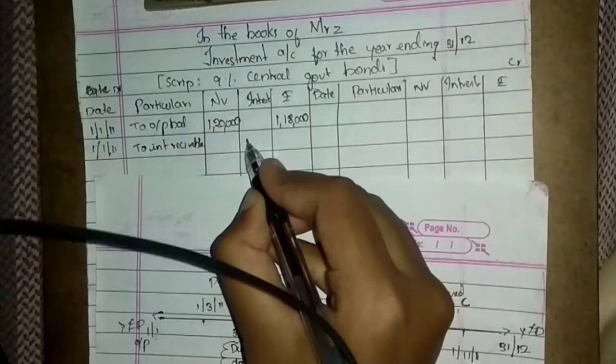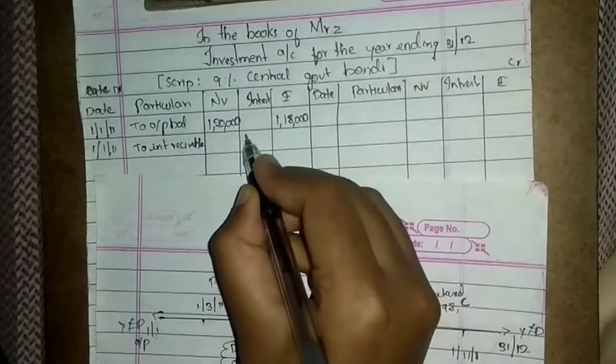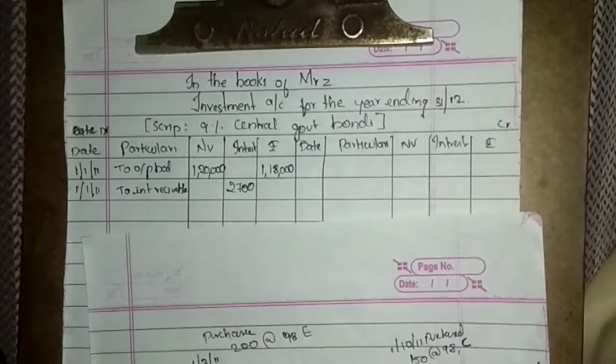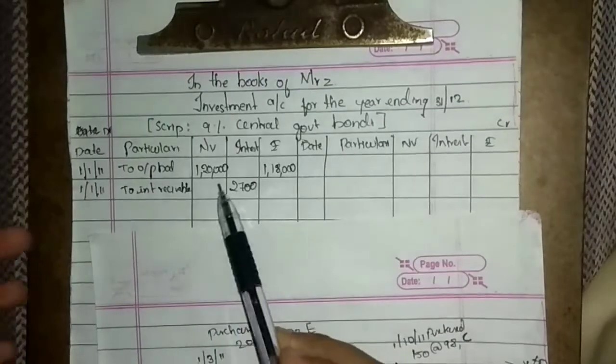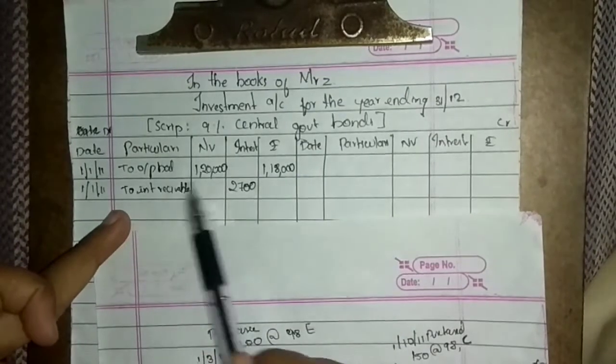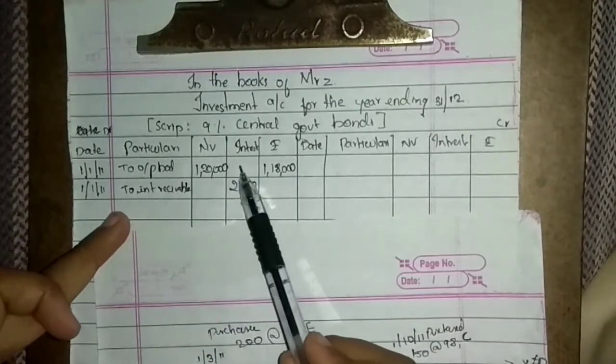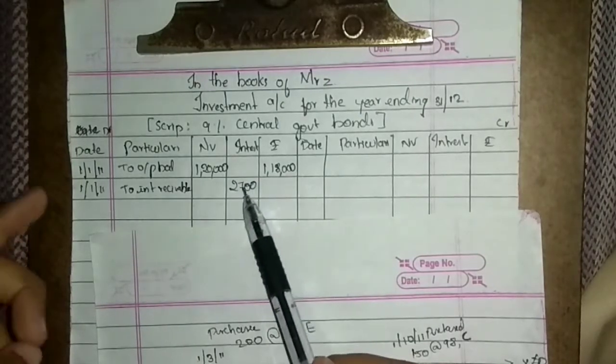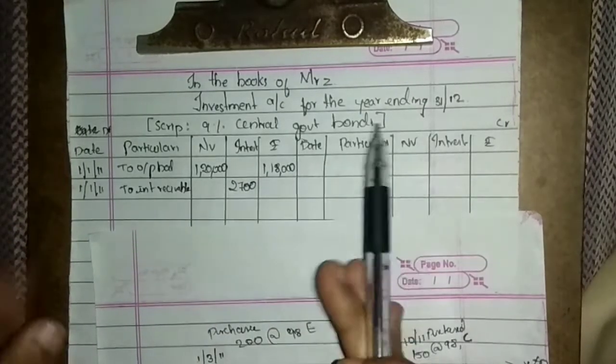So write it in the interest column as 2,700. Module, what it does is, it doesn't pass a separate entry, it will merge it in this opening balance itself. You can do that also, but this will be more clear to the examiner.